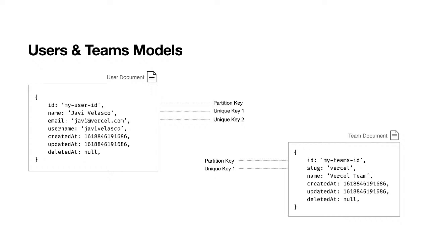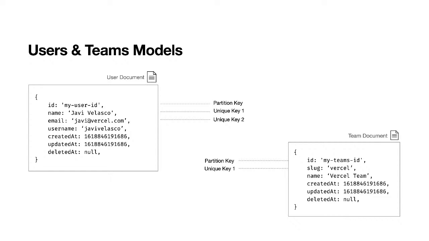On the other hand, you have a team that also has a couple of keys, like the ID and the slug. Now, what is interesting about this use case is that we want the username and the team slug to be in a shared namespace. We want them to be unique, even if they are documents stored in different collections.